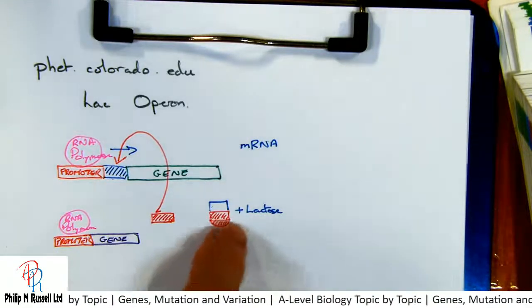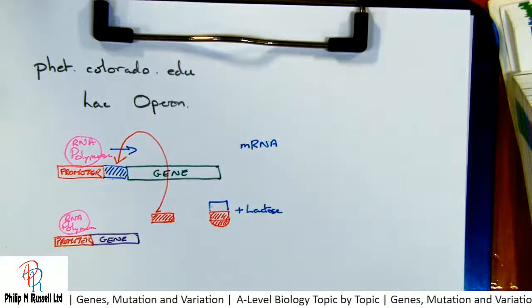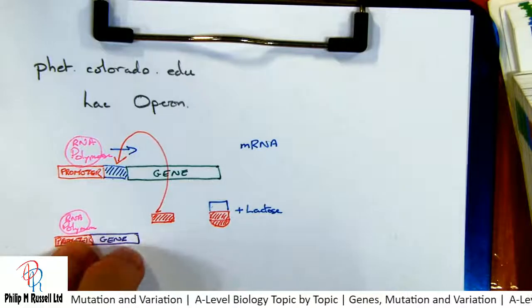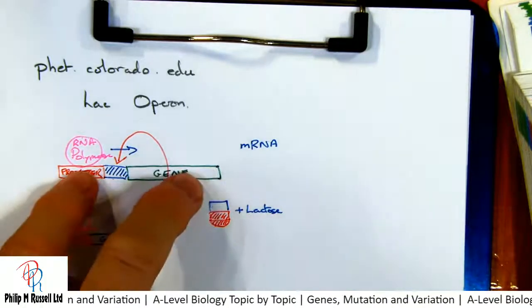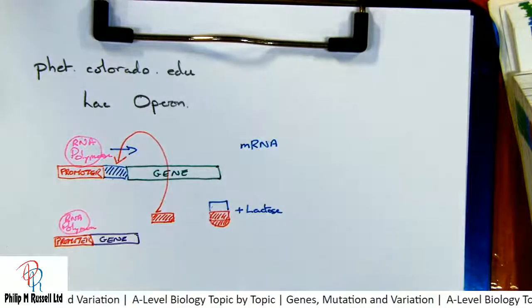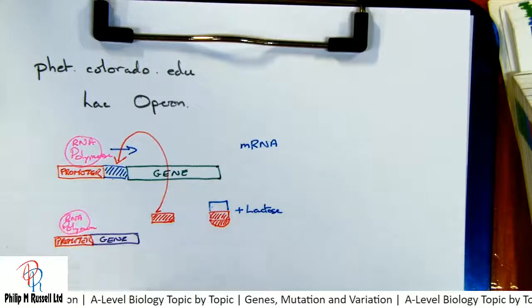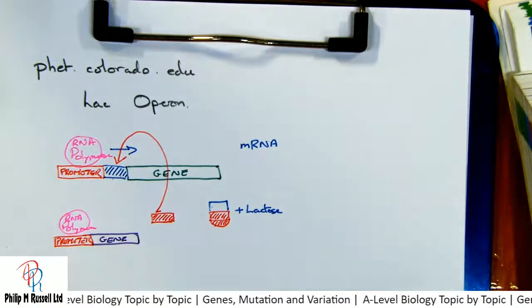So this is quite an efficient way of having feedback, so that a small gene is being made all the time, but it's stopping a big one being made. And this is quite efficient in the way that the body works. So this is the Lac Operon.